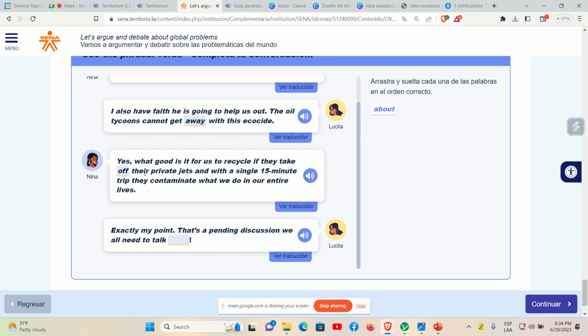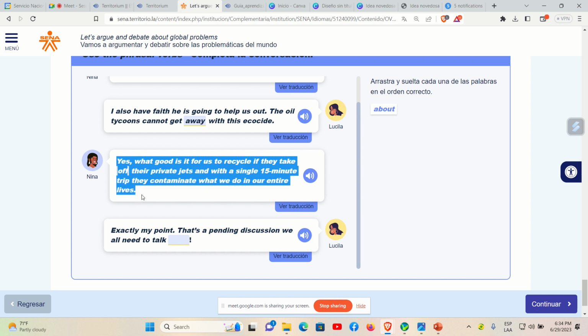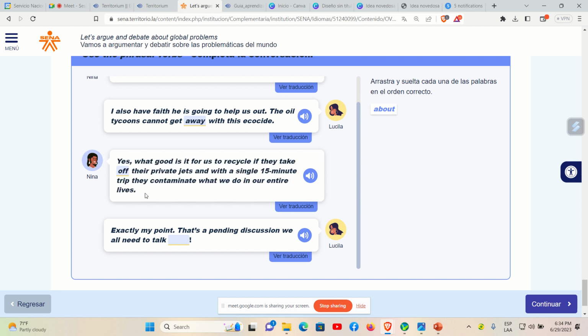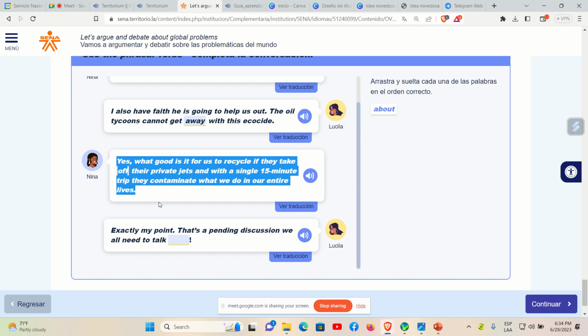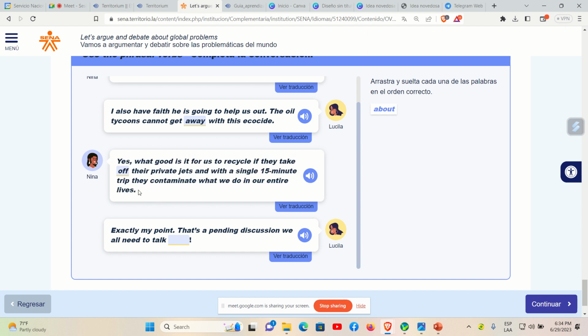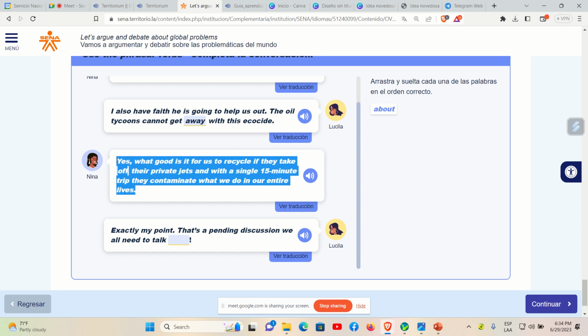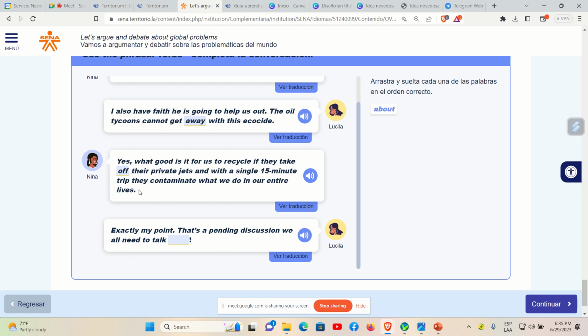Esto es muy cierto, ¿cierto? Hay toda una discusión acerca de esto porque nosotros pues nos mandan a reciclar, ¿cierto? Pero las élites utilizan pues muchas cosas o tienen pues un sinfín de modos de contaminar, ¿cierto?